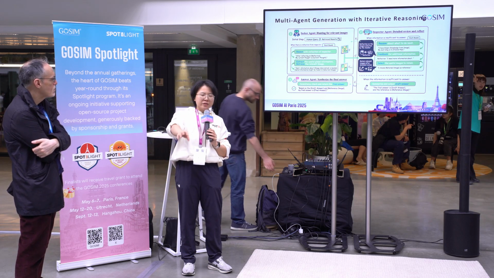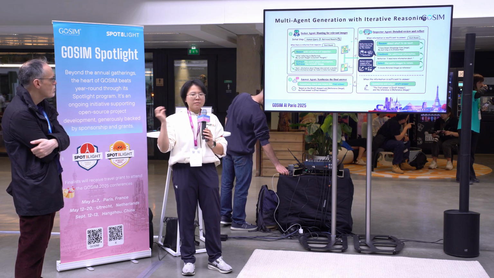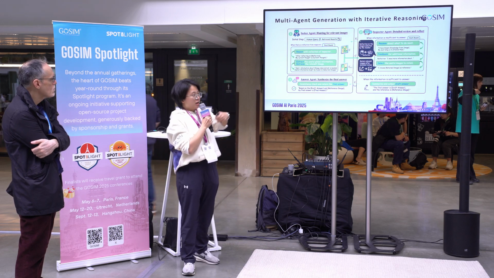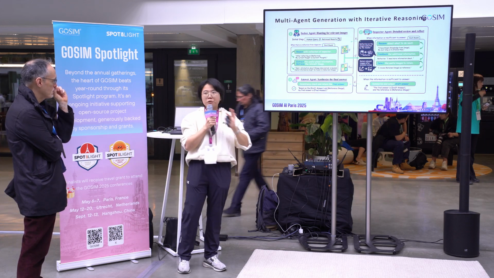For example, some section of the image is blurred, and the model cannot see it clearly. That's why we propose multi-agent generation with iterative reasoning.